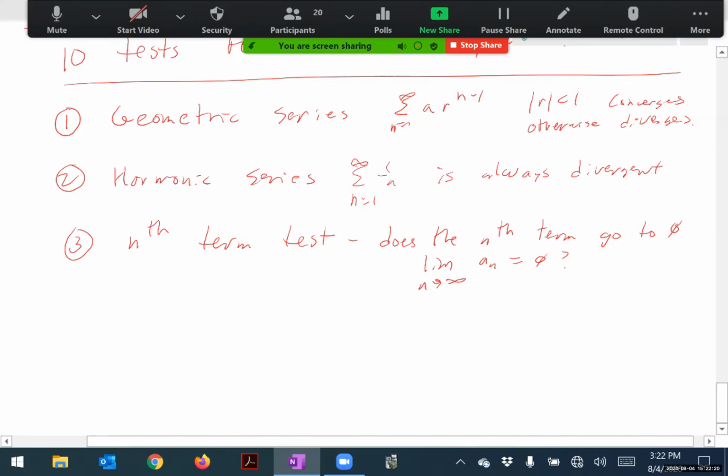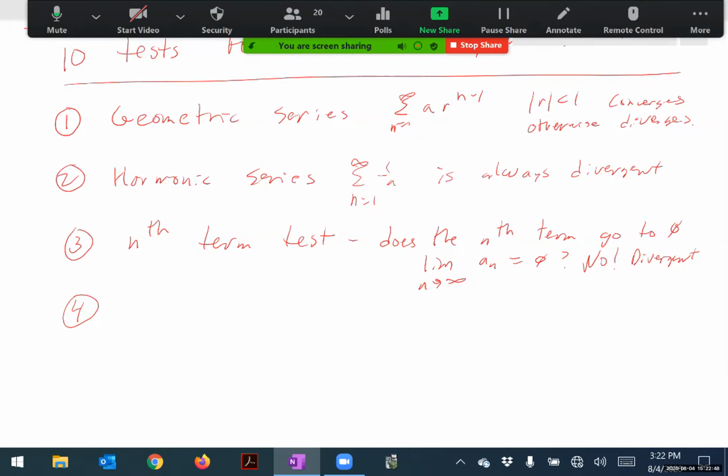And if it does not, then it's divergent. Does the nth term go to 0? No. Divergent. Can it prove convergence? No, it cannot prove convergence. It can only prove divergence. But if the terms are not getting smaller, it's going to diverge.